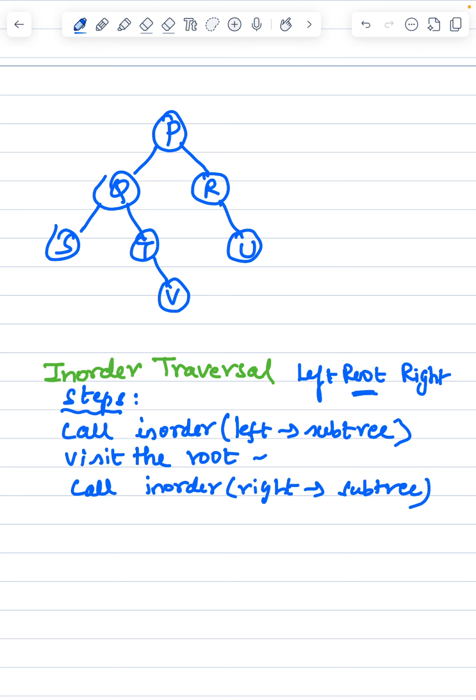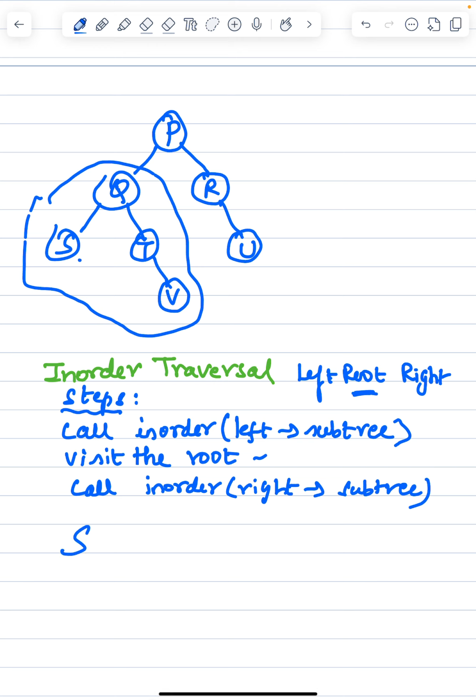What is the left subtree? This is your left subtree. In the left subtree, again I have to call in-order of its left subtree. Once here we don't have anything left in the left subtree, move on to the root. So Q is the root of this left subtree.